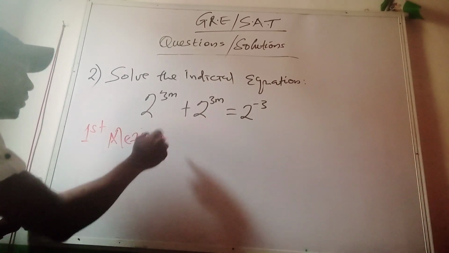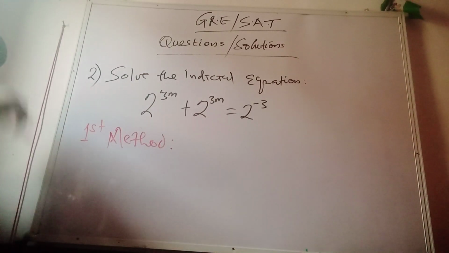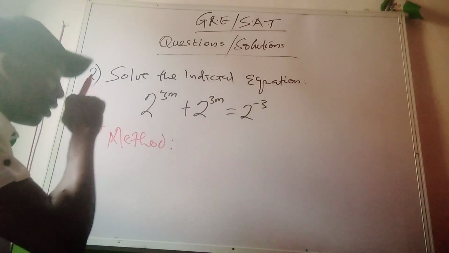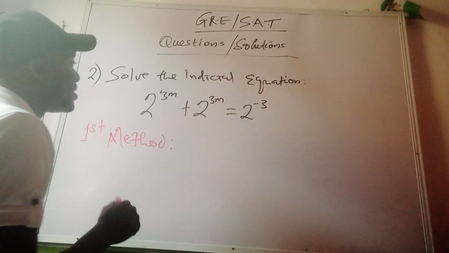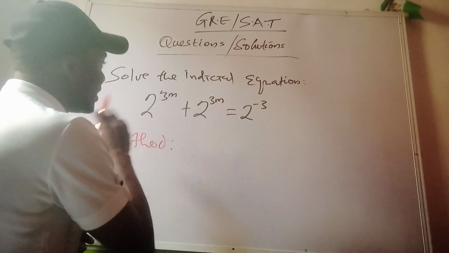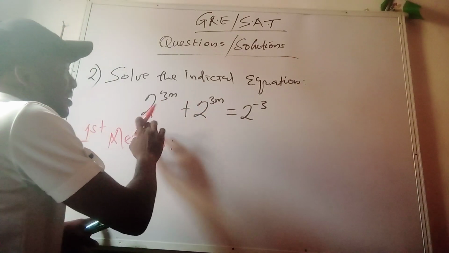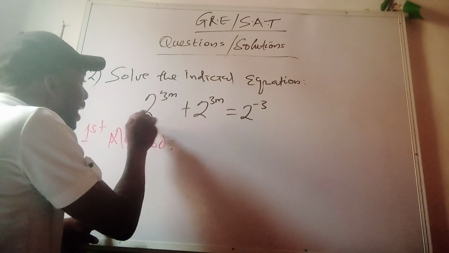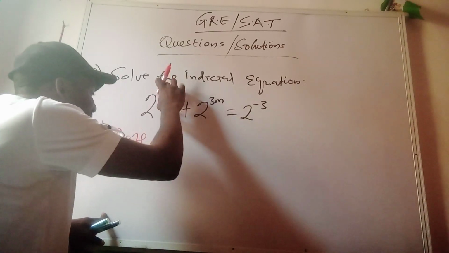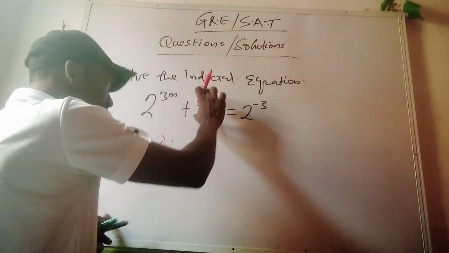First method. I'm going to be very fast about it because you can rewatch it on the other part of the video. The first method to use on this is you can view this as an entity. 2 raised to power 3m, another 2 raised to power 3m.